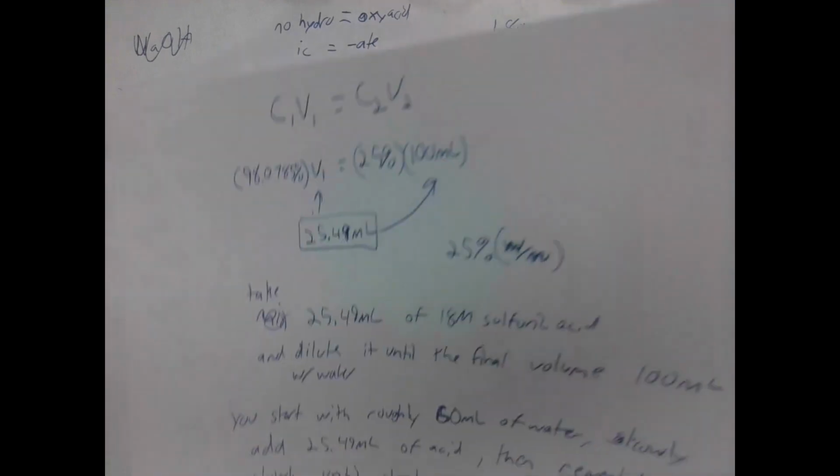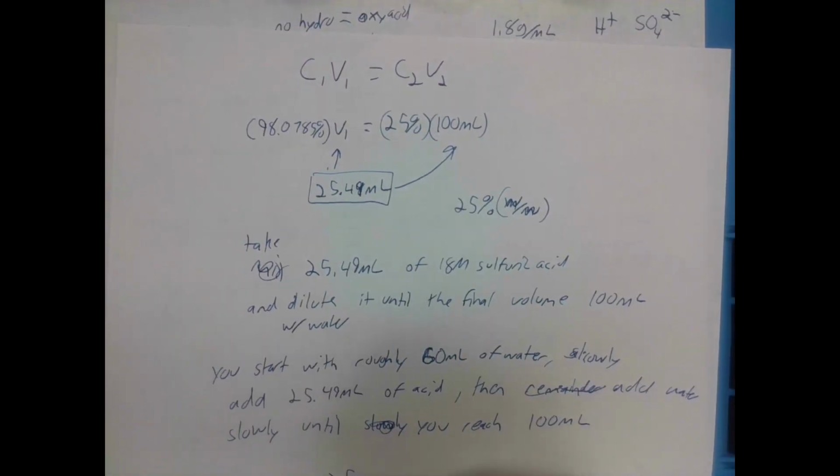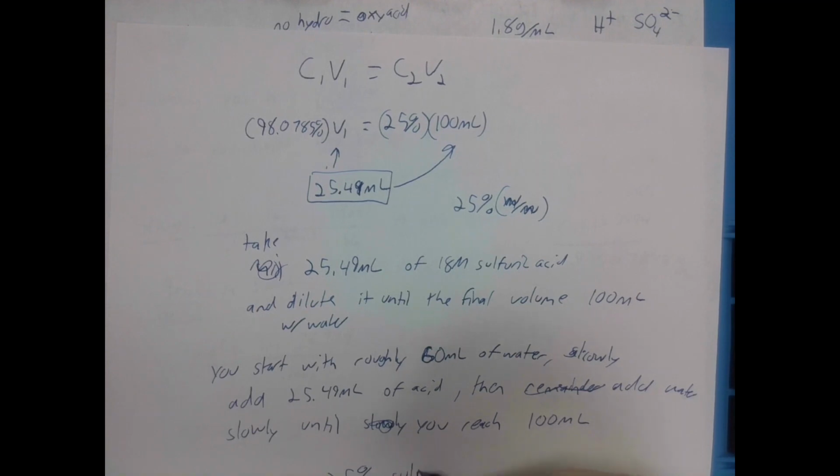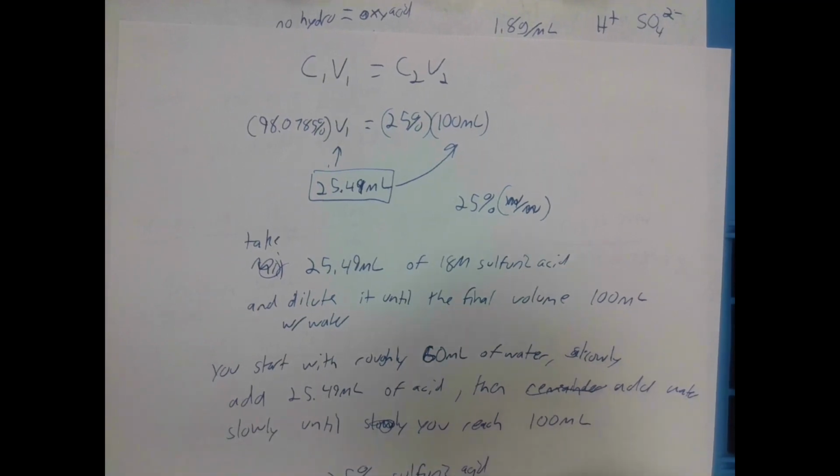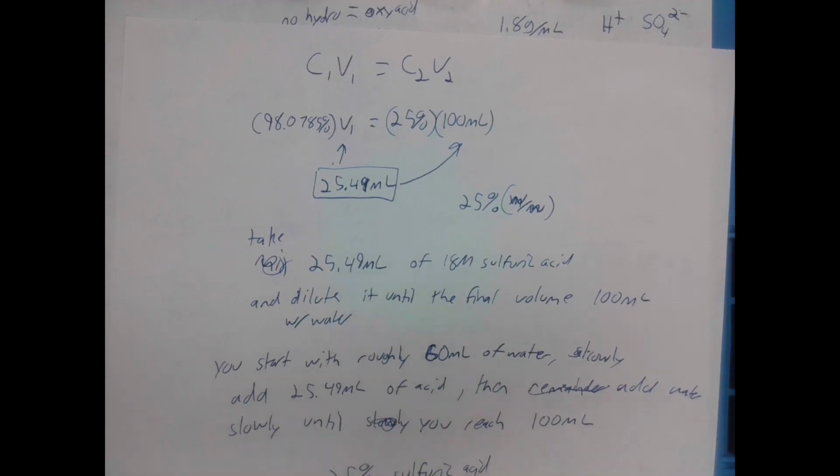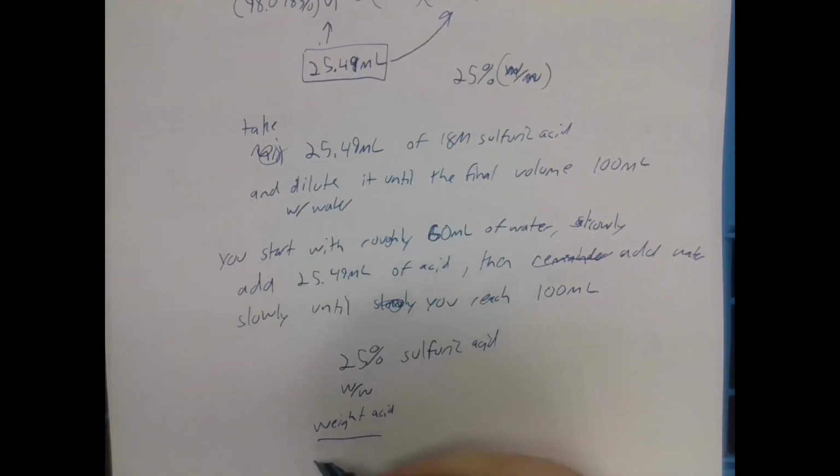And that would give you a solution that was 25% sulfuric acid when measured by weight per weight. Weight acid, or grams acid, divided by weight solution.